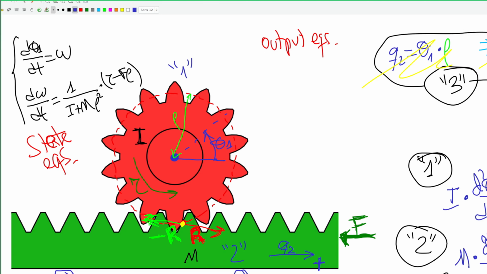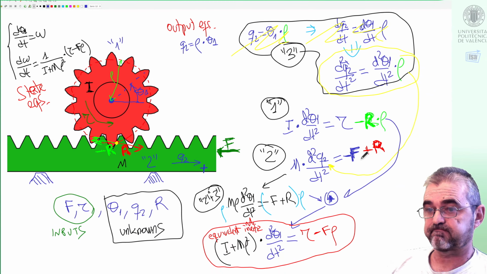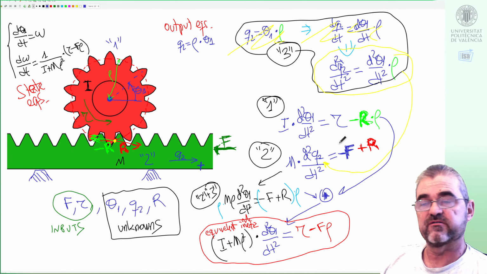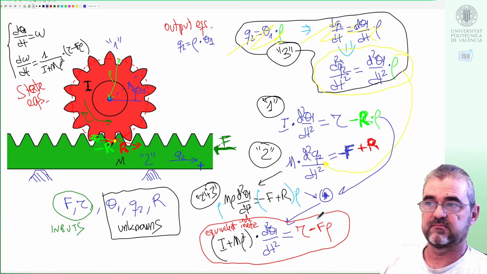As I have three unknowns, I need to solve for Q2 and R. Solving for Q2 is trivial. Q2 is the radius times theta 1. And which is the reaction force? Well, the reaction force, as I have eliminated it, I need to do some work again.